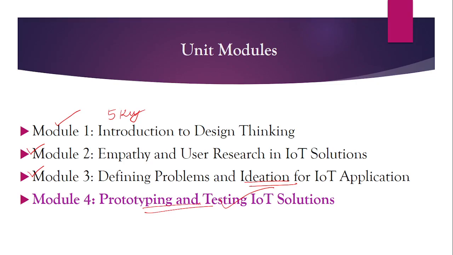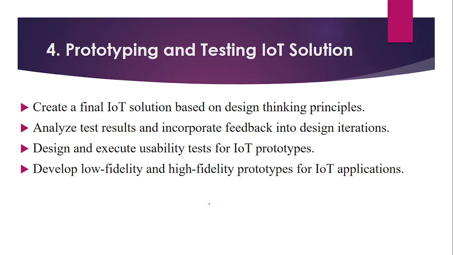After everything has arrived, next on the list we have to go for the prototyping process. After prototyping we have to go for the testing process. So in module 4 you will understand how the design thinking principles apply to creating the solution, and after that how to analyze the test results and incorporate the feedback into the design iterations. Next is to design and execute usability tests for IoT prototypes.